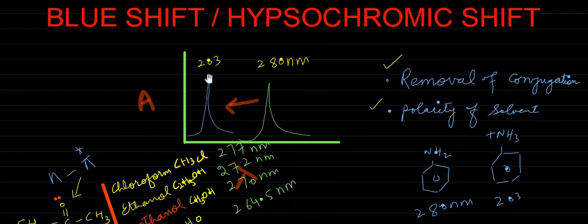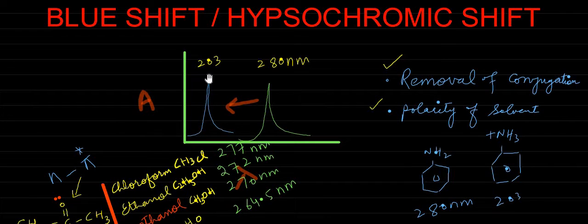This is called hypsochromic effect, and the shift in wavelength is called a hypsochromic shift, or it is also referred to as blue shift because it moves towards the blue end of the spectrum.